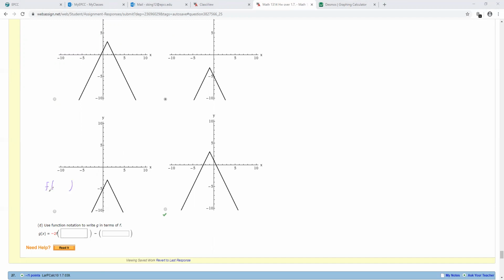So the original function was f of x, the parent function, equals the absolute value of x. Now, the new function, g of x, is what we get, which is this graph up here we matched, after all 4 of those transformations were done.